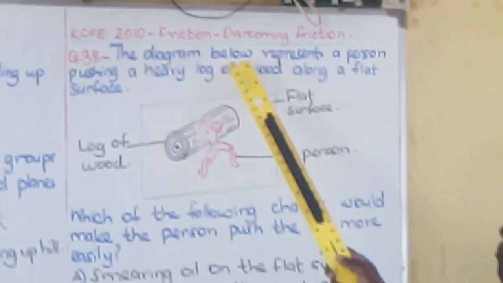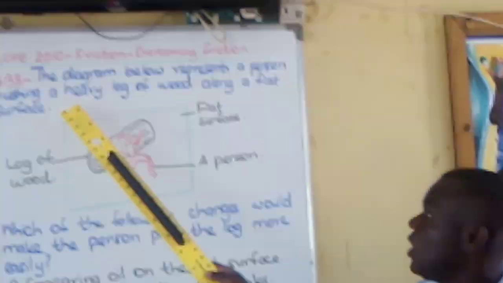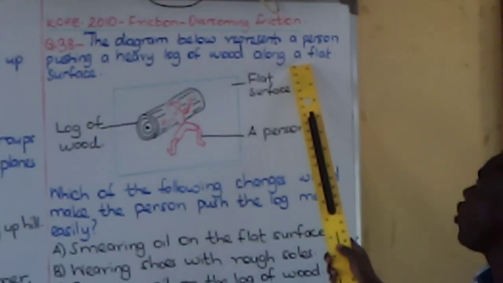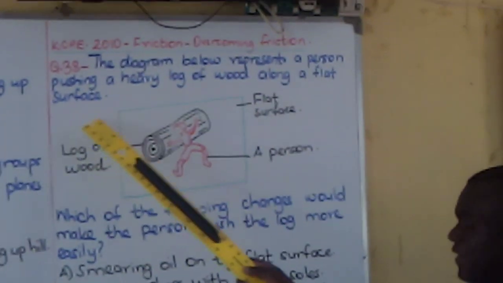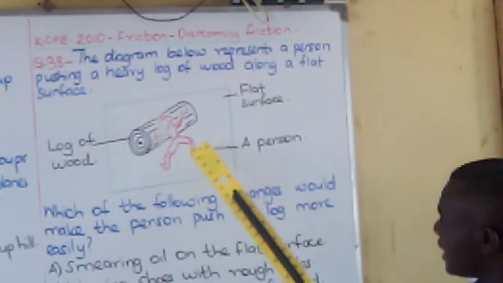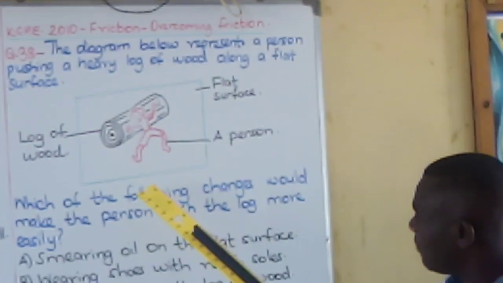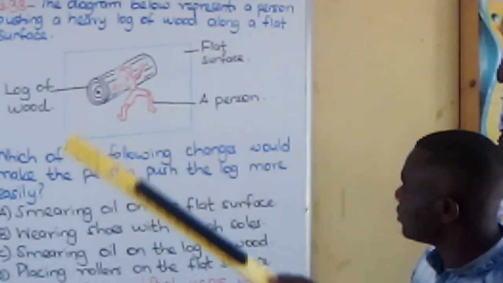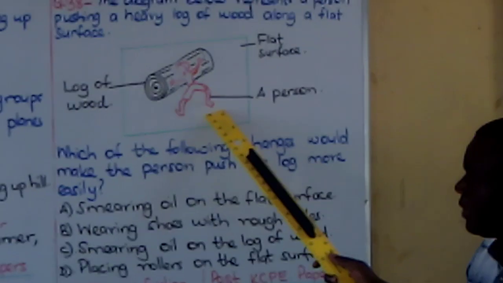The diagram below represents a person pushing a heavy log of wood along a flat surface. This is the diagram I have drawn. I think I am a good artist, and I know most of you will take after me.